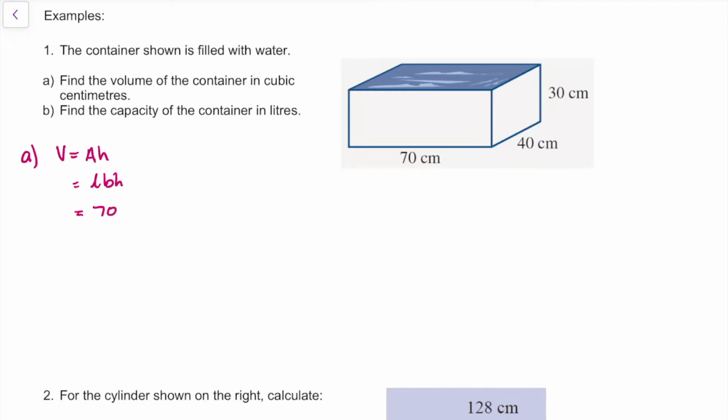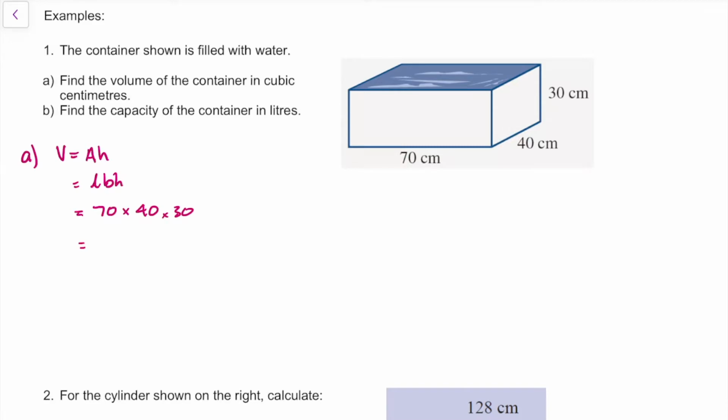So it's just 70 times 40 times 30. So just those three numbers all multiplied together. Okay, now we whack that into a calculator, which you probably shouldn't need to do at this point because it's really just 3 times 4, which is 12, times that by 7, which is 84, and then add your 3 zeros at the end.